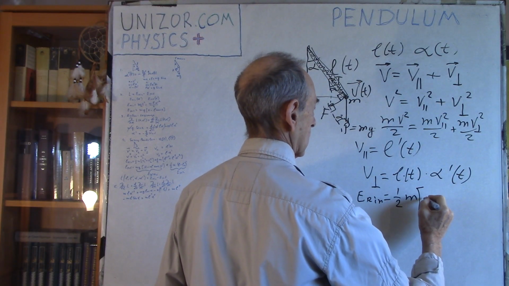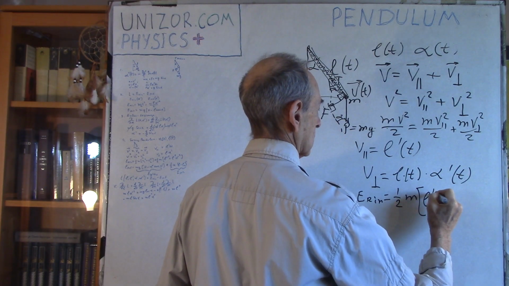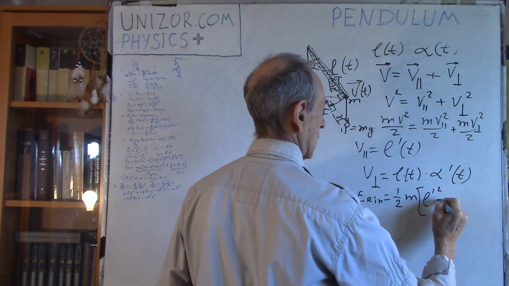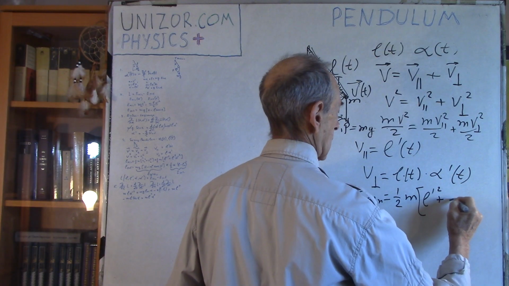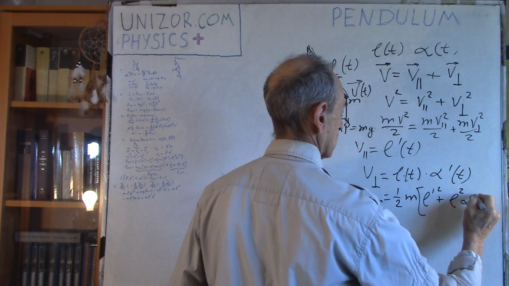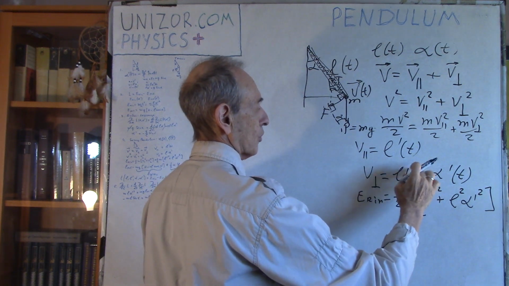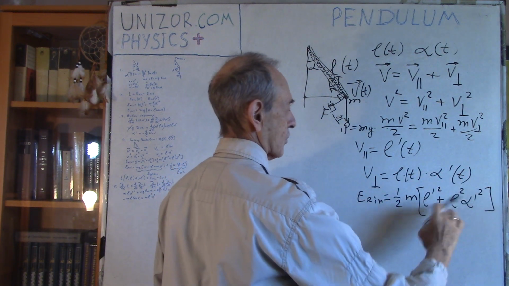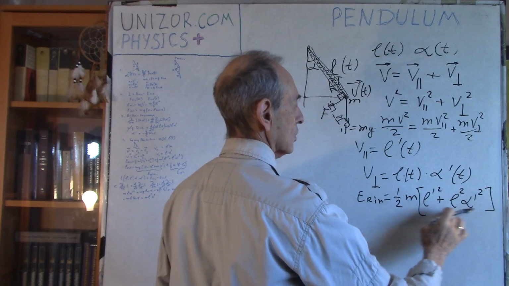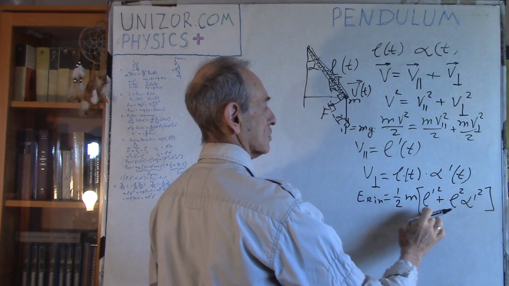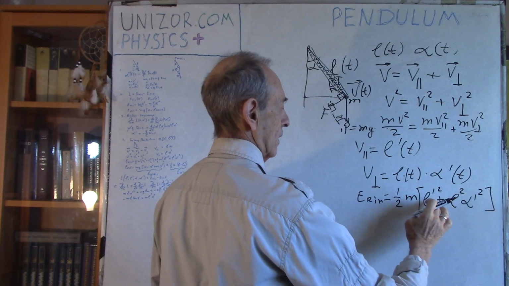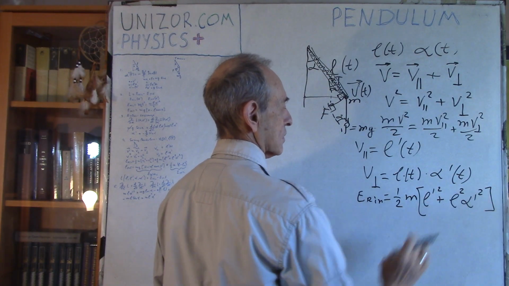So we have L prime square plus L square alpha prime square. I dropped functions of t just for brevity, but you understand that all of these are functions of t. L is a function of t and alpha is a function of t. This is the first derivative of L, this is the first derivative of alpha.